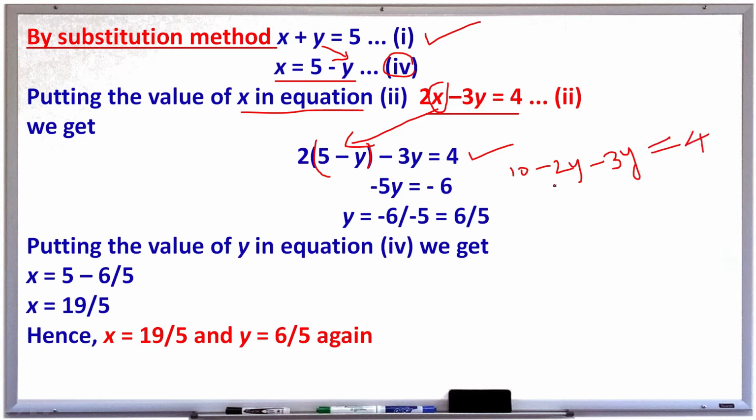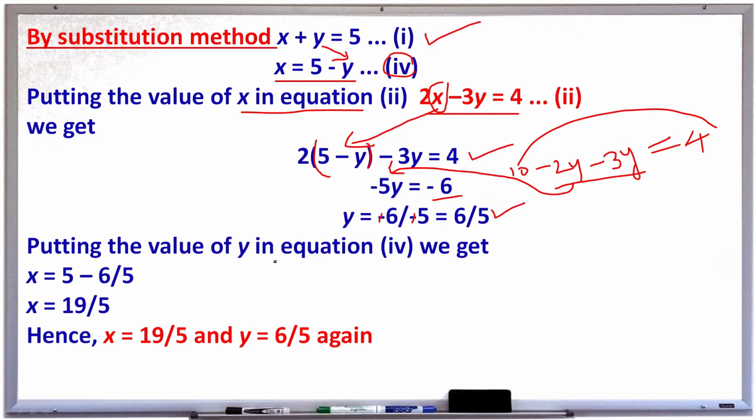Now you simplify, minus 2y minus 3y will become minus 5y. Bring 10 to the right hand side, it will become minus 10. So 4 minus 10 will become minus 6. So y is equal to, bring minus 5 down, minus minus cancel, so it will become 6 by 5.